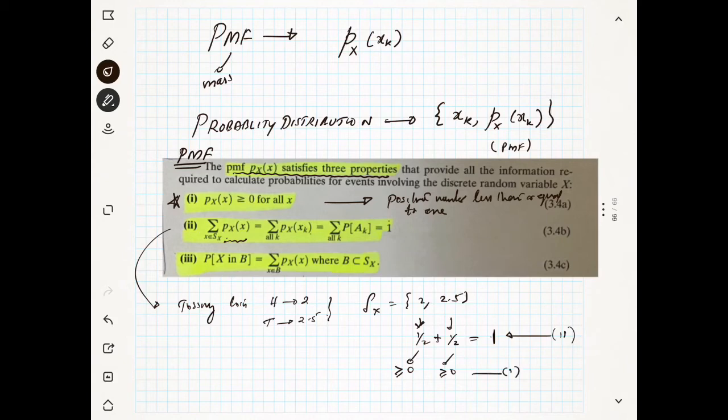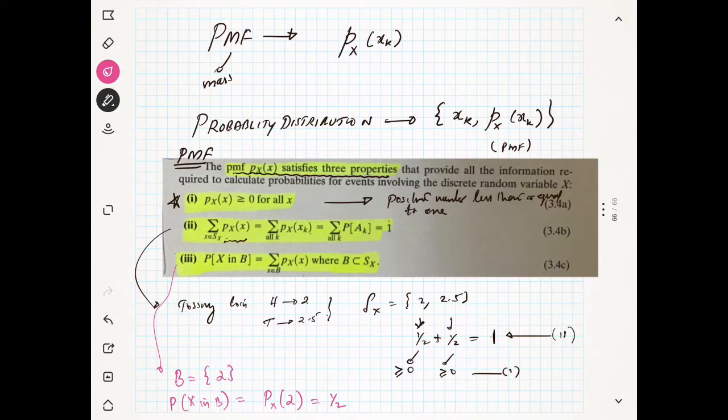Now the third point: if you take a subset, let us assume that a subset B is equal to only 2, then the probability of the random variable X in B is nothing but you take only the X corresponding to 2. It is nothing but 1/2. It's a very straightforward thing.